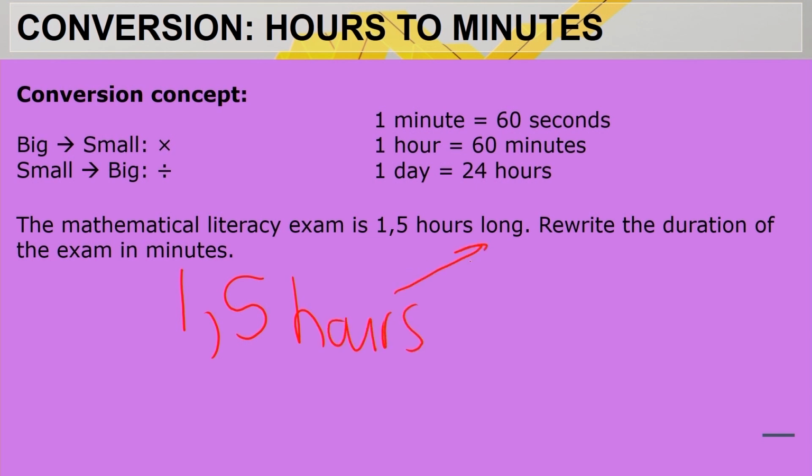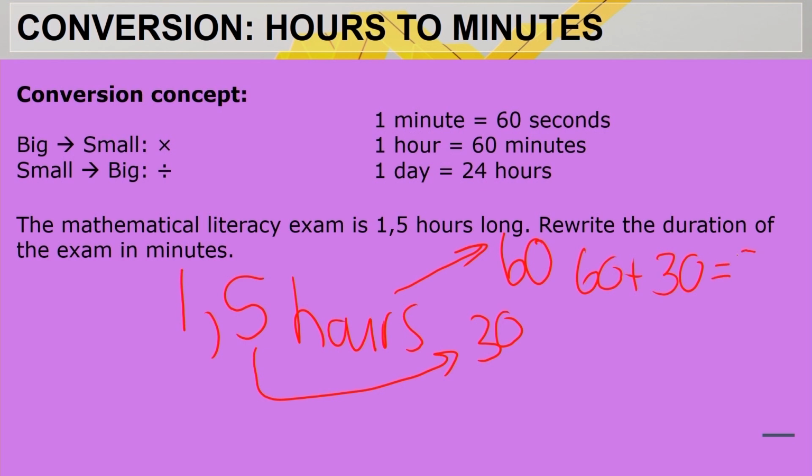So the full hour is 60 minutes, and then half an hour we know is 30 minutes, and 60 plus 30 is going to be 90 minutes. The quicker way to do that is to say 1.5 times 60 equals 90 minutes.